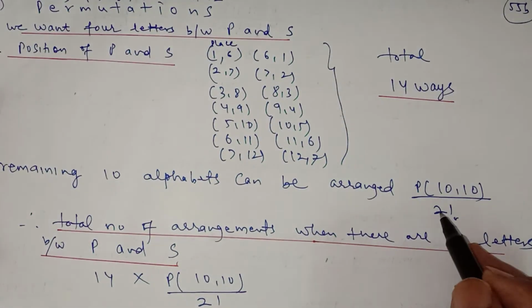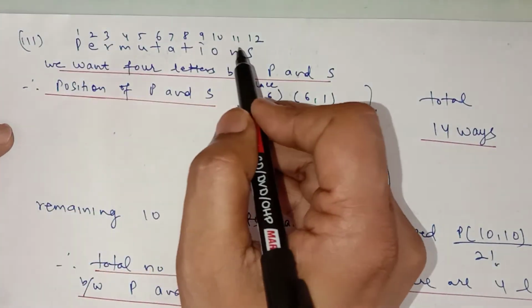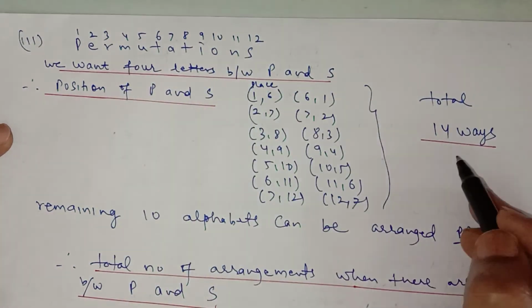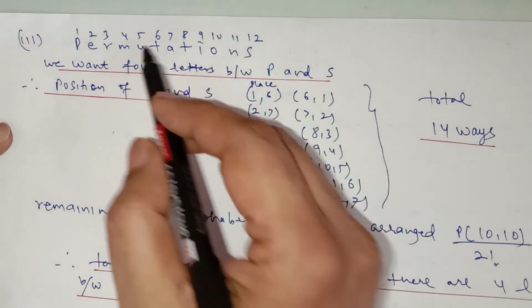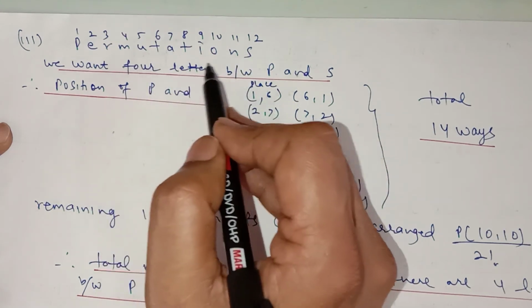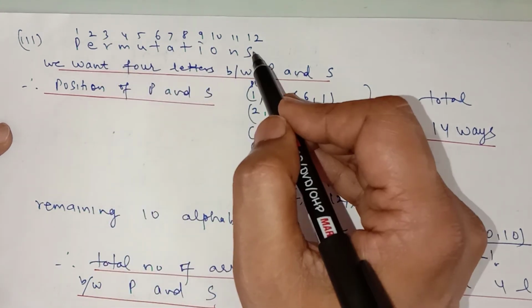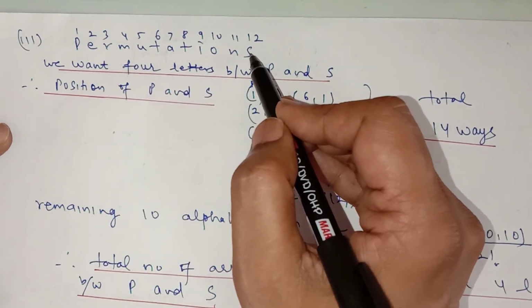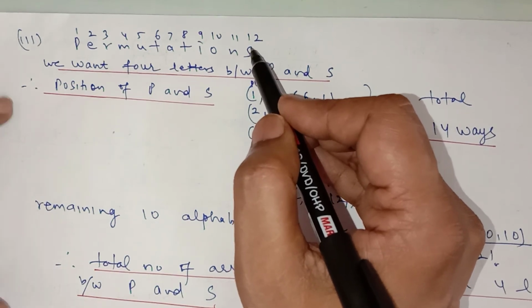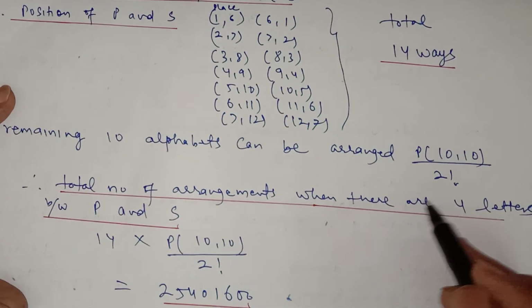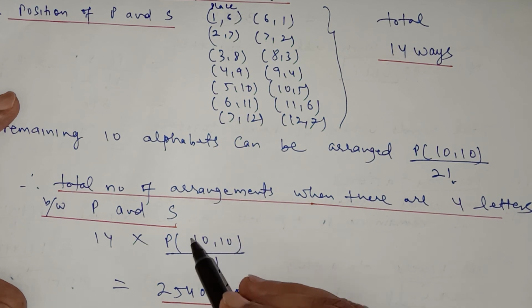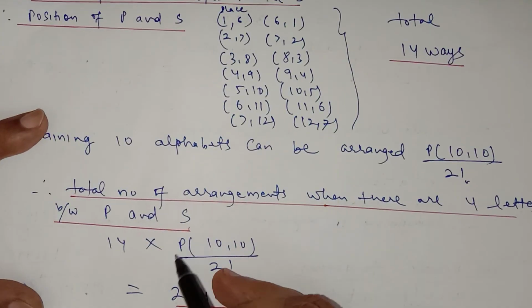Now out of these 12 we have arranged P and S in 14 ways, and 10 positions will remain because you have arranged P and S. Out of 12 alphabets, the remaining 10 alphabets are to be arranged, which can be arranged in permutation of 10, 10.